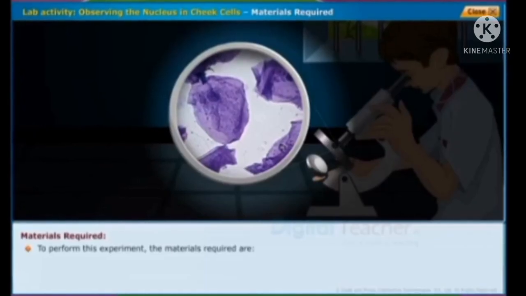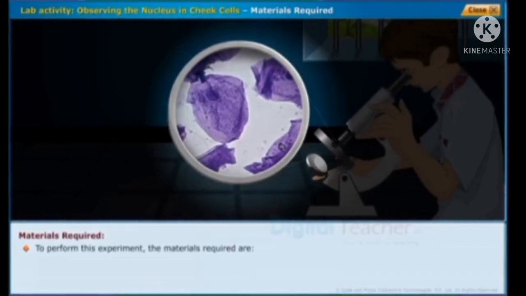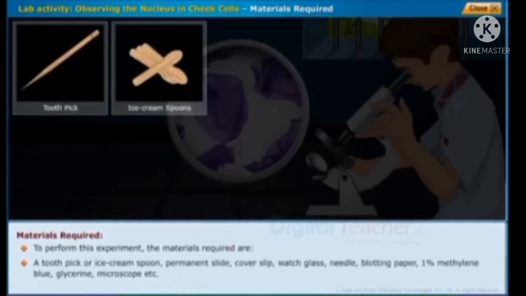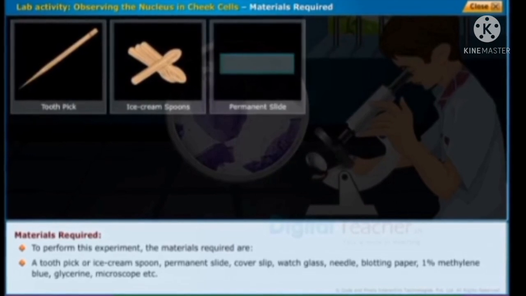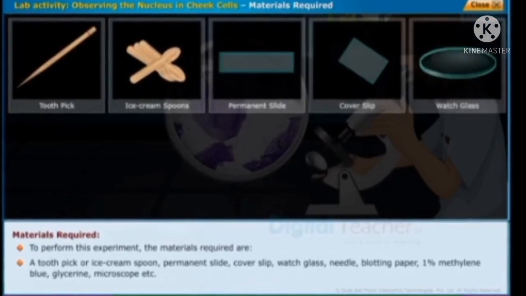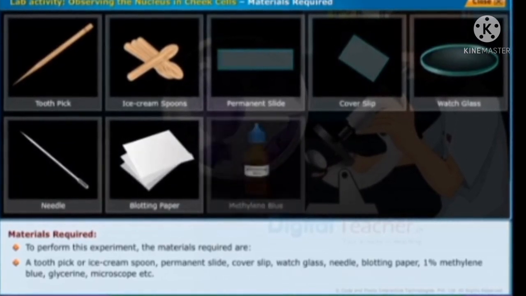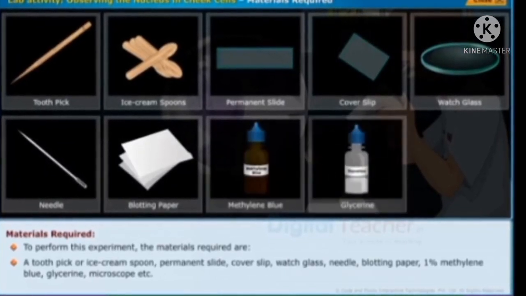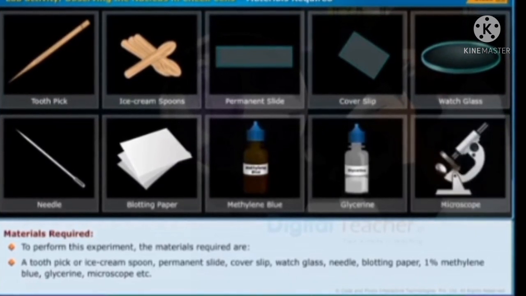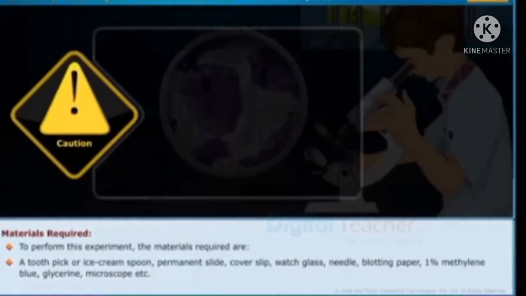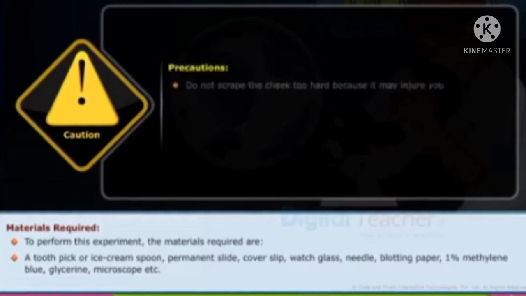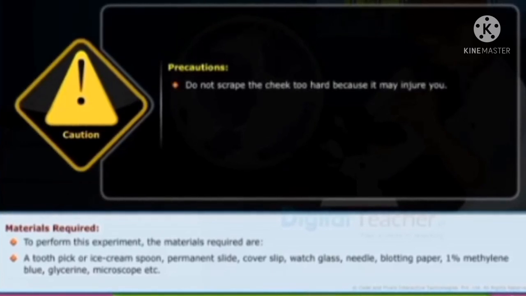Now follow the activity. To perform this experiment, the materials required are a toothpick or ice cream spoon, permanent slide, cover slip, watch glass, needle, blotting paper, 1% methylene blue, glycerin, microscope, etc. Before doing the activity, we must follow the precautions.